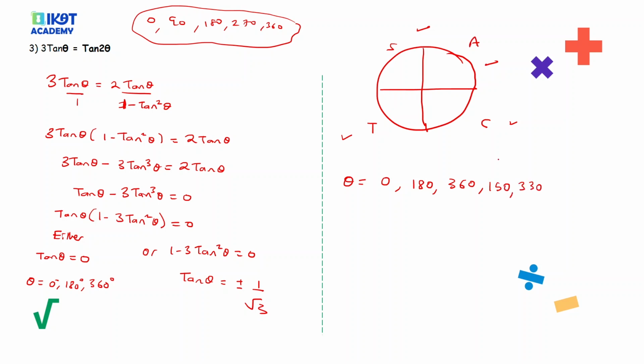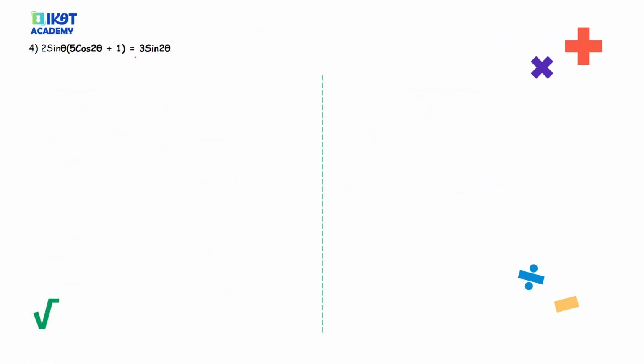And I told you, you can always try to confirm and see if you've gotten the right answers. Okay, now we have this. Now for this, I'm going to just do it until the point of solving, and then we go to the next question. So here we have 2 sine theta into this is equal to that.